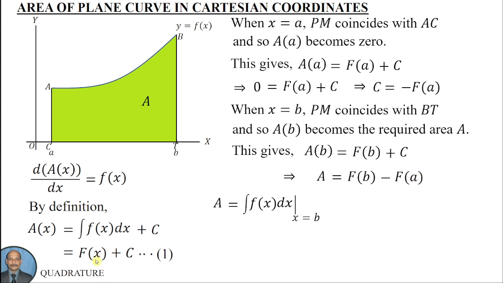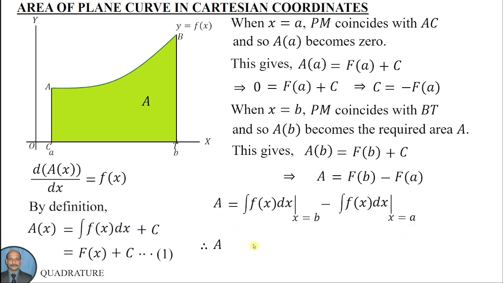Similarly, F(a) is the integral of f(x), minus as it is, F(a) is the integral of f(x) when x equals a. So A equals F(b) minus F(a), the difference of the two integrals when x is equal to b and when x equals a.